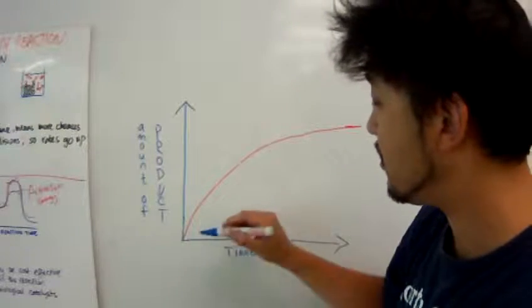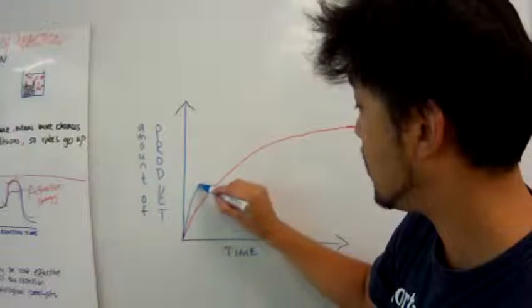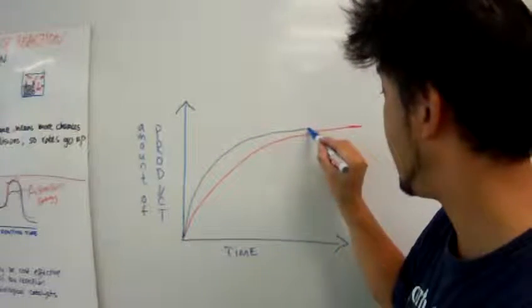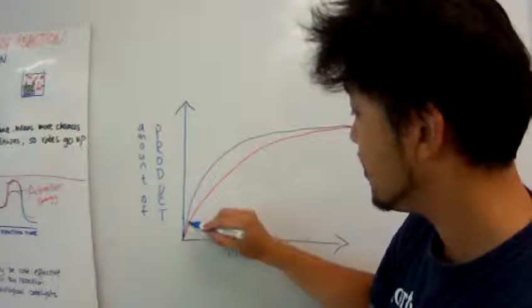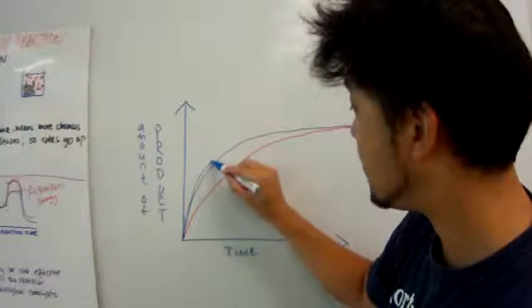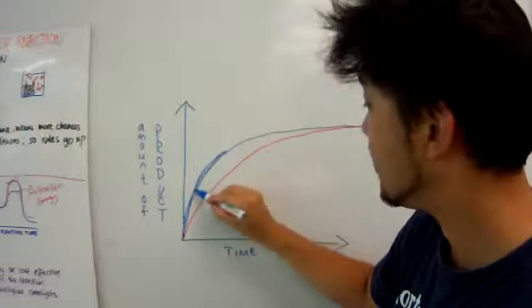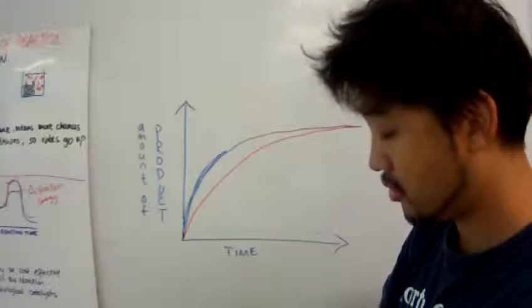When you increase the surface area, you in fact will increase the rate of reaction. All right? This means more product gets made up here as opposed to what is over here.